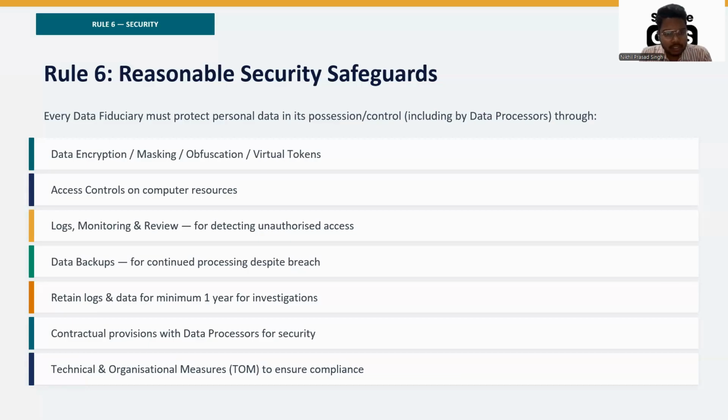So under the reasonable security standard for your company, if you are taking the data principal's data, every data fiduciary must protect the personal data in its possession. First of all, there is protection of the personal data. How will you protect it? Either you can encrypt it or mask it, or you can introduce virtual tokens. Virtual tokens function without revealing the underlying data. Then access control on computer resources.